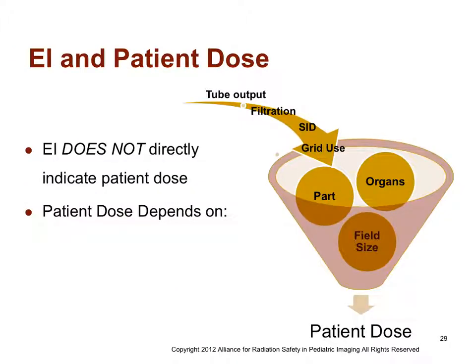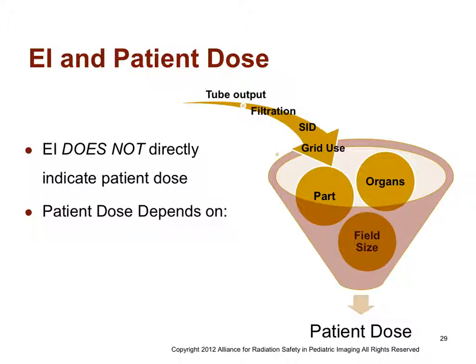Just to reiterate though, exposure indicator does not directly indicate patient dose. Dose is dependent on so many different things. It could be the projection, the field size, the part that we're exposing, the organs that are involved. So whether we're exposing the breast or the thyroid or the small intestine or the femoral heads, all of those types of things, as well as grid use, which dictates our exposure, SID, filtration, tube output.